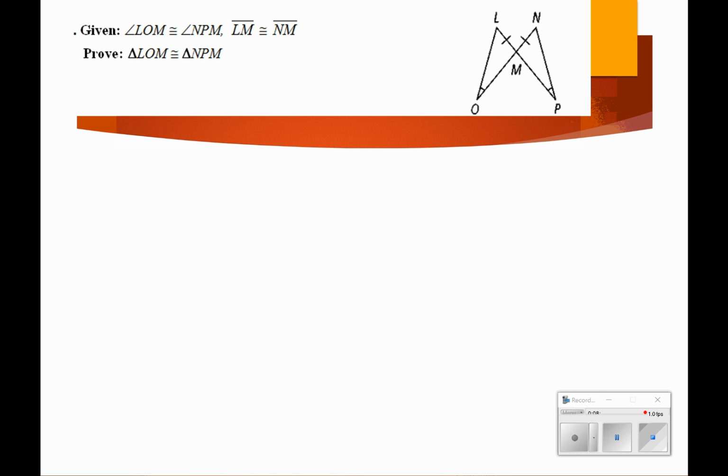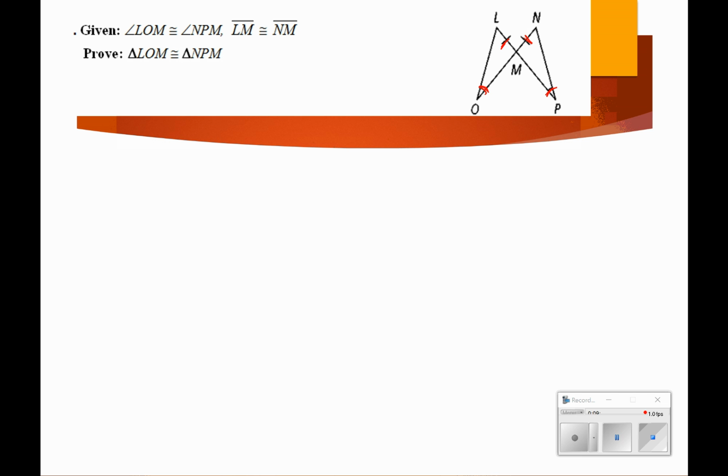So now I've got a proof, because you know we got to do proofs. They've marked it up for me that I've got angle LOM, which is this angle right here, congruent to angle NPM. And I have LN congruent to this. So what I have is an angle and a side.